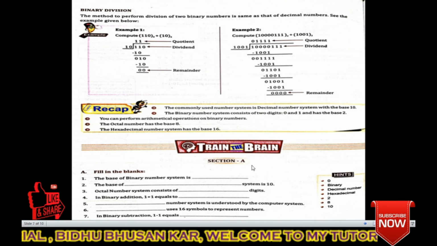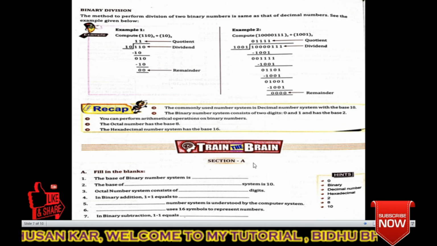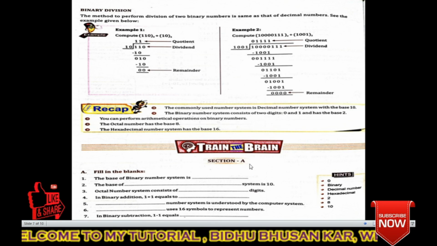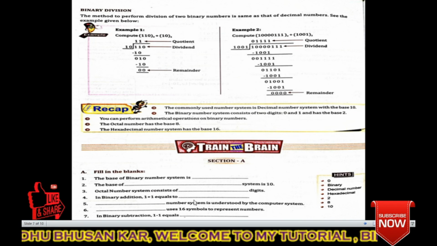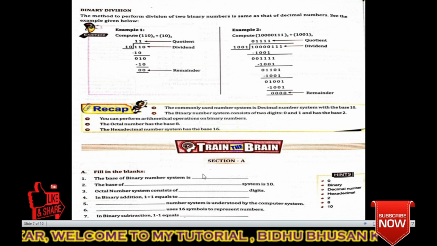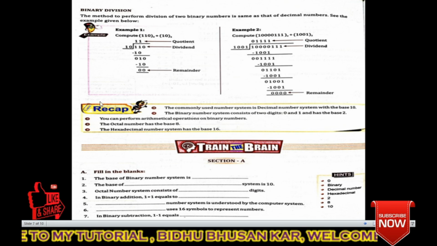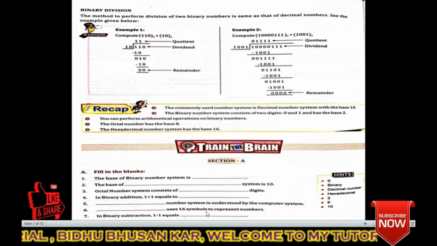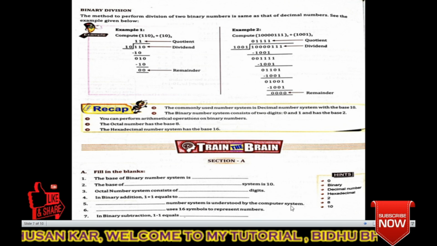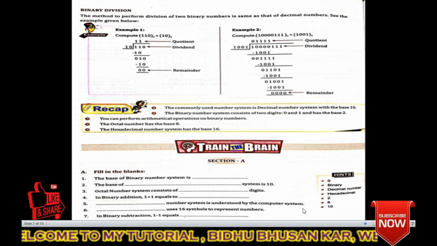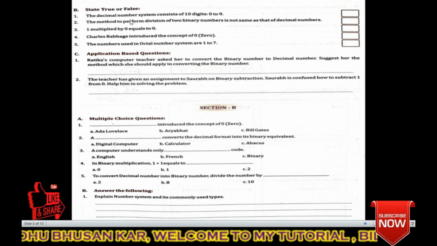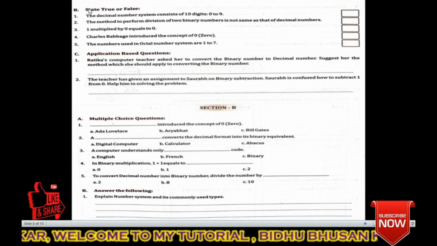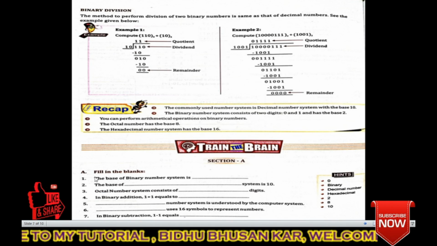Next, train the brain. Train the brain means these are your exercises. Section A, some hints are given here. You have to answer all the questions. Okay, if you understood the topic properly, then we can easily answer the questions. Next, this is B of that section A, this is your A, fill in the blank.